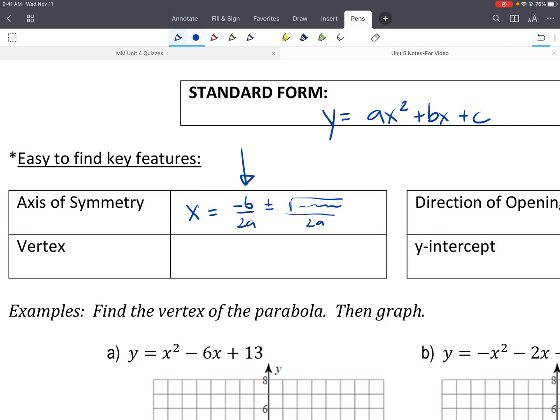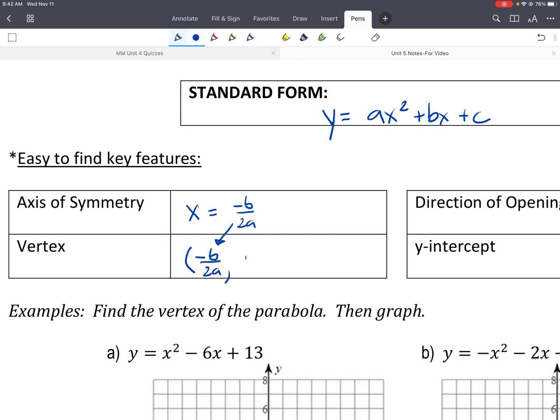But we're just going to use the negative b over 2a to find the axis of symmetry, because if we have the axis of symmetry, then we can find the vertex.